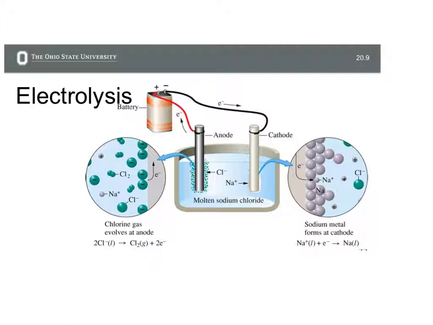Again, we've got our anode that's connected to the positive terminal of the battery and our cathode that's connected to the negative terminal. So why would we want to do this? Here we're making a non-spontaneous reaction happen.